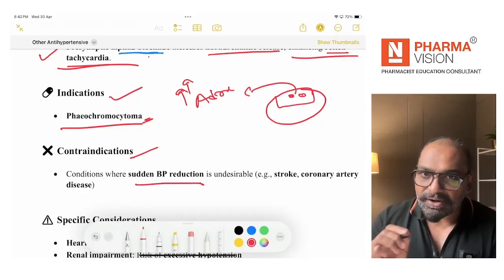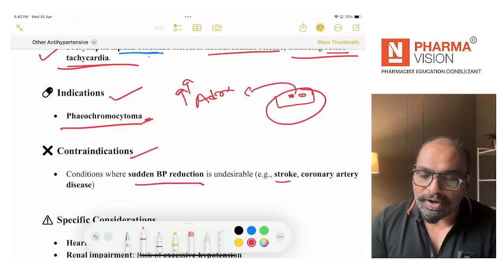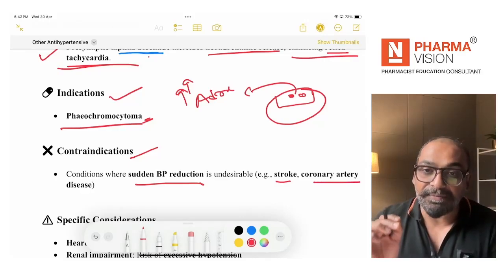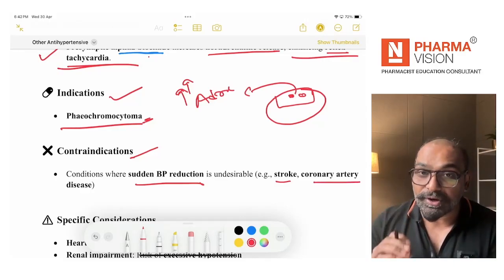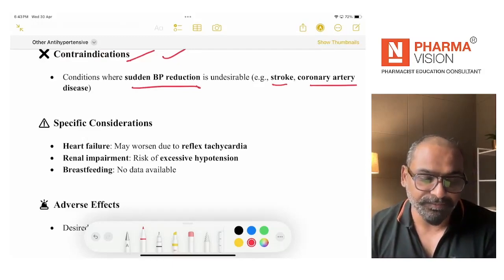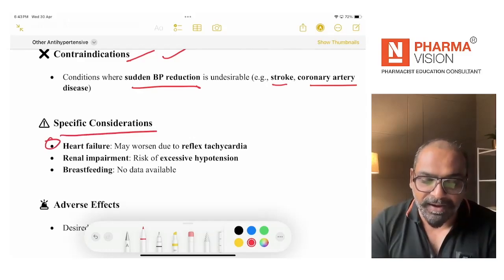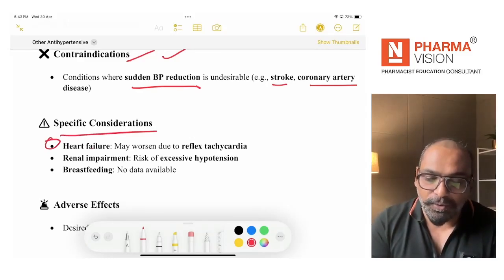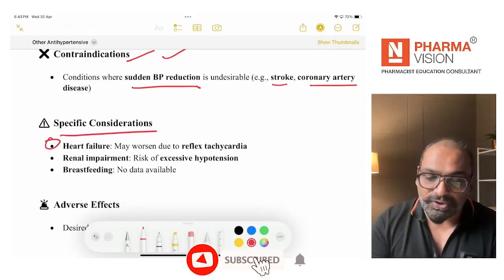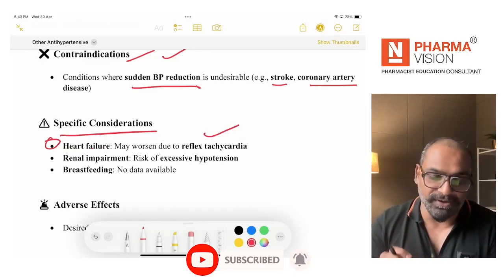A significant reduction of blood pressure in certain conditions like stroke and coronary artery disease is not advisable. That's why we should avoid such medications in these disease states. Specific consideration: when the patient is suffering from heart failure, the reflex tachycardia can disturb normal cardiac functionality.